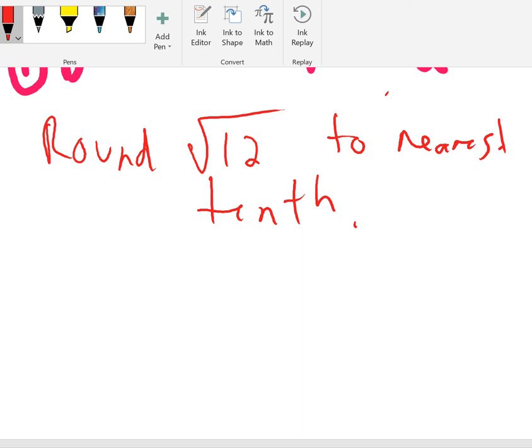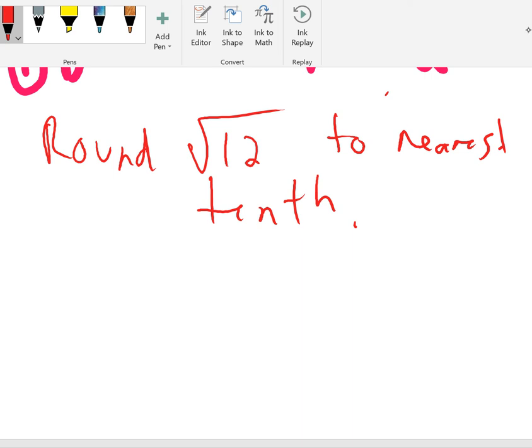Square root of 12, round it to the nearest tenth. Well, first we got to figure out which two perfect squares it's in between, then figure out which two whole numbers it's in between, figure out which one it's closer to, and then we're going to approximate the decimal. The nearest tenth is the first decimal place. All right, that's what we're worried about.